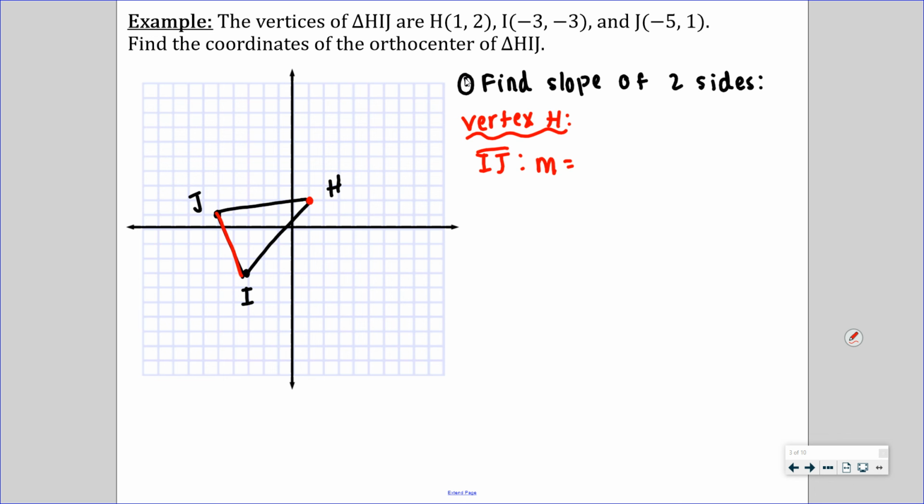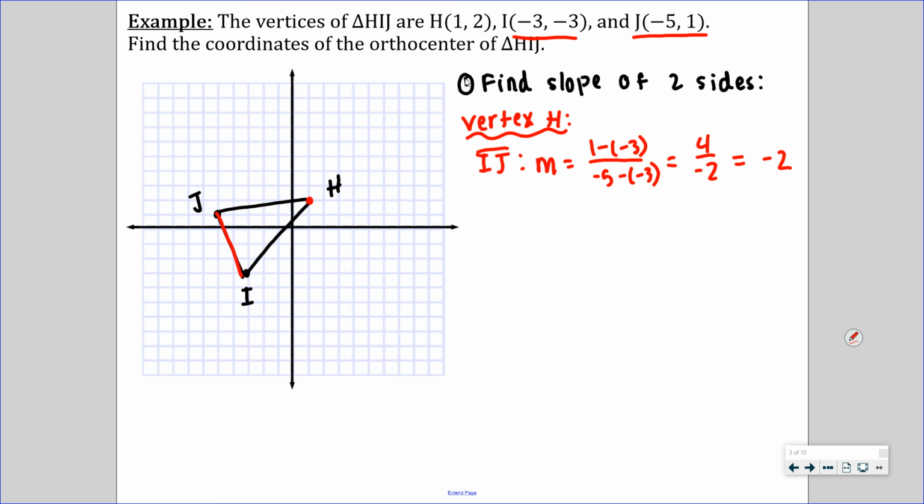Slope is change in y over change in x. So here's I and J. So do 1 minus -3. Here's my rise. -5 minus -3. There's my run. Okay, slope, nothing new for us. I get a +4 over a -2. So I get a slope of -2. Does it make sense? Look at that line segment, I get a negative slope.